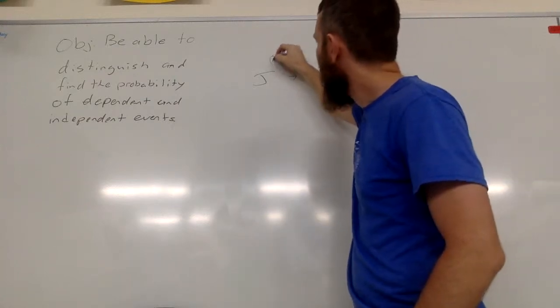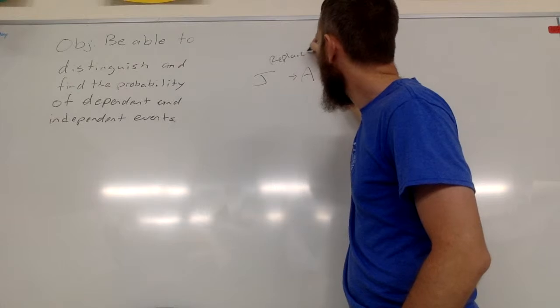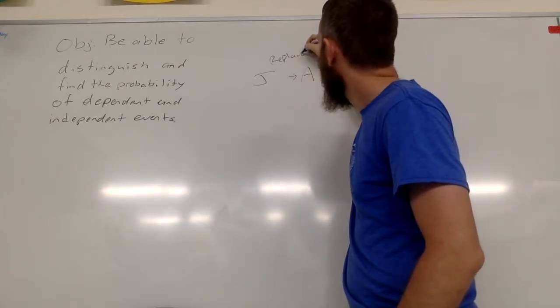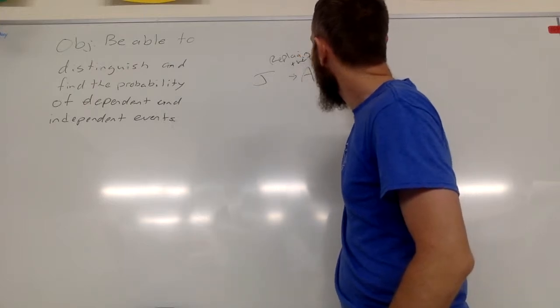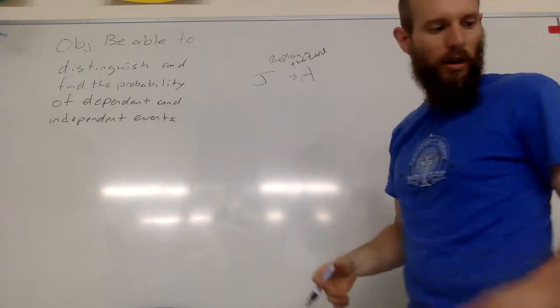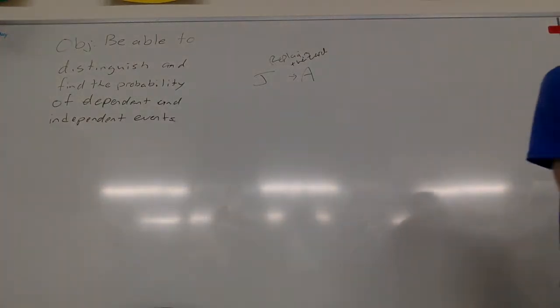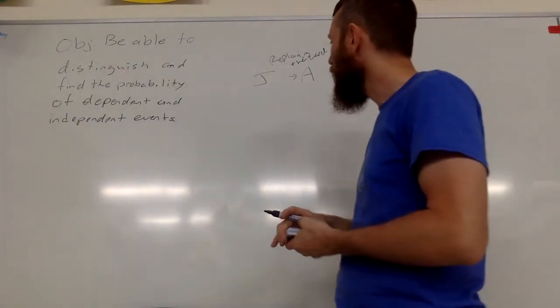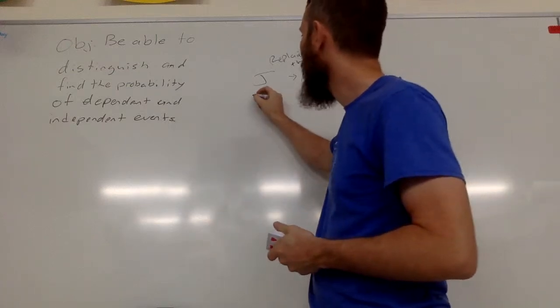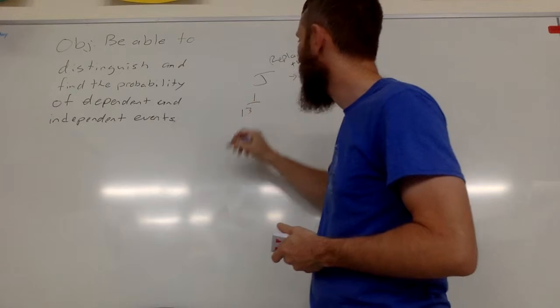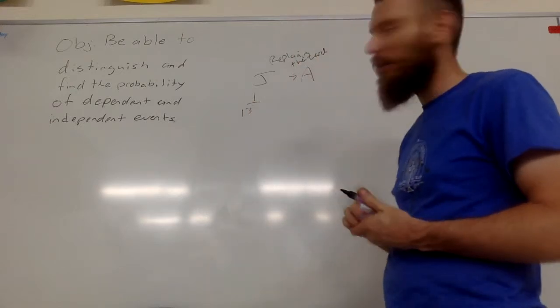So this time I'm replacing the card. The probability of me taking a deck of cards and pulling out a jack the first time: there are 4 jacks in the deck, and there are 52 cards, so 4 out of 52, that simplifies to 1 out of 13.